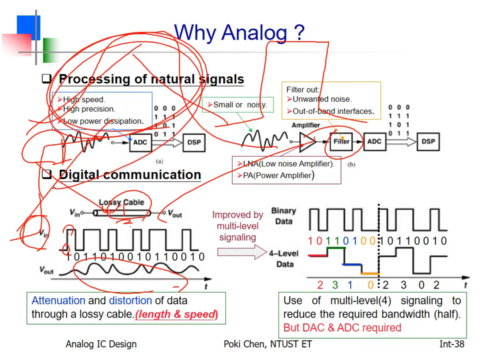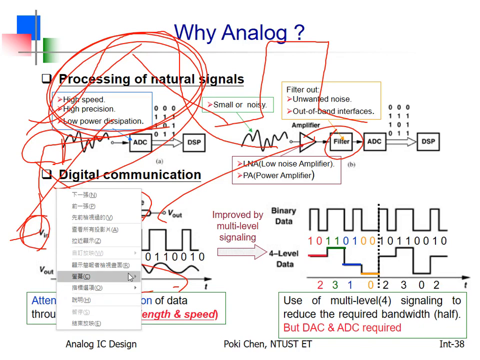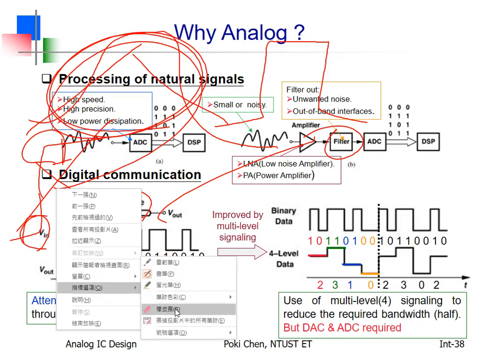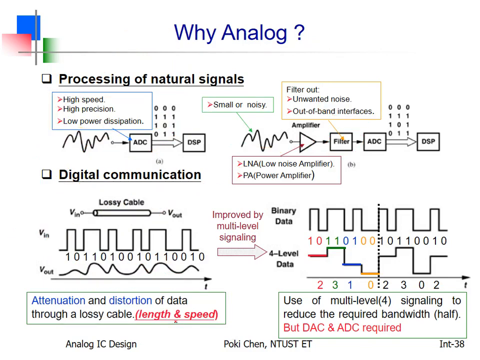Nothing. For wired communication, except for fiber communication, that is another story, because the signal is transmitted by light instead of electrical voltage or current. Except for that, everything for such kind of wired communication has some kind of inherent limit for humankind.